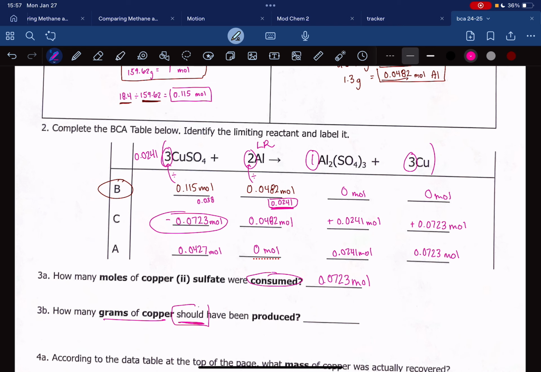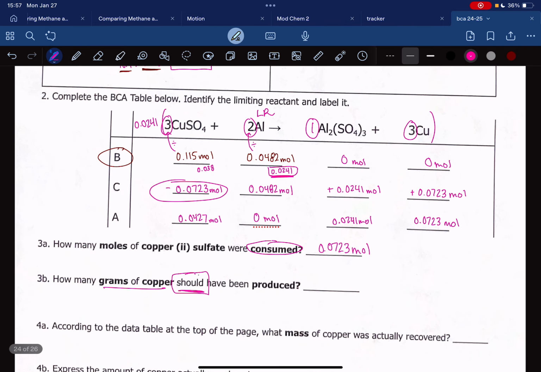How many grams of copper should have been produced? That "should" word is really important because, as you saw in your baking soda lab, sometimes the amount of product that you would calculate could be produced is different from the amount you actually make. And that could be for a variety of reasons. Maybe your product is impure. Maybe it has impurities in it. Maybe your reaction didn't finish, so you actually have less product than you thought you would, right?